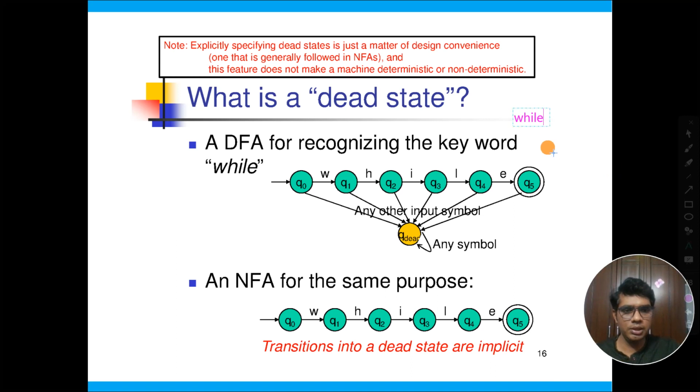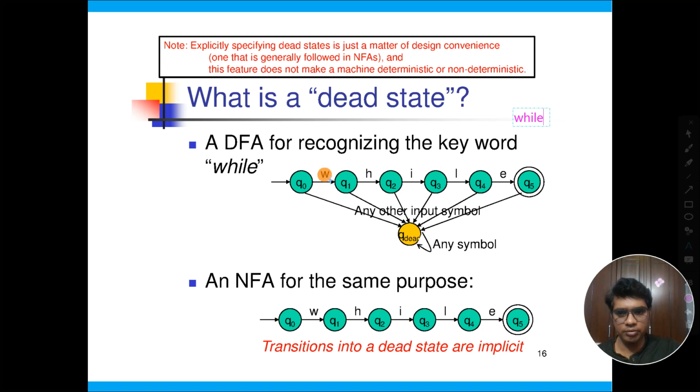Other than that, anything should go to a dead state, because we want to read only the string while. The first letter to be read is W, then H, then I, then L, then E. So it should follow the same sequence, WHILE.